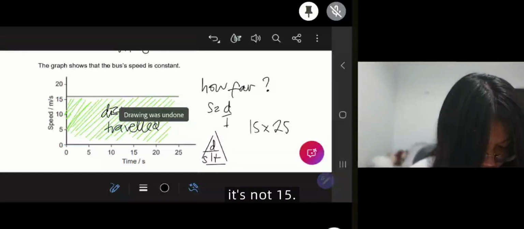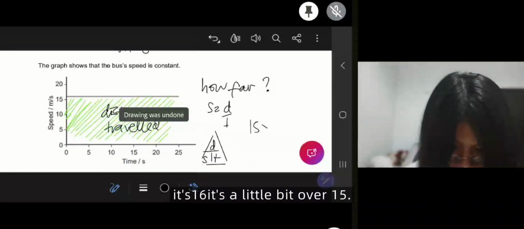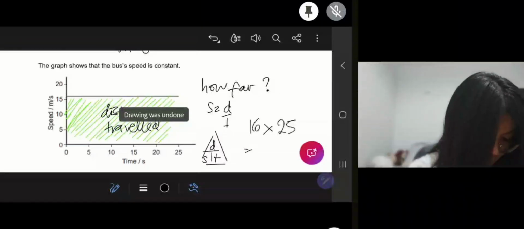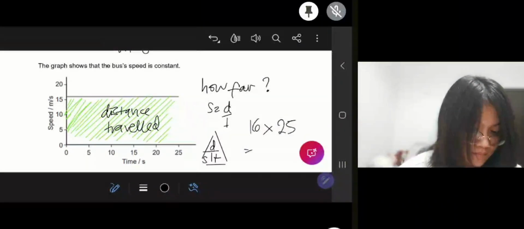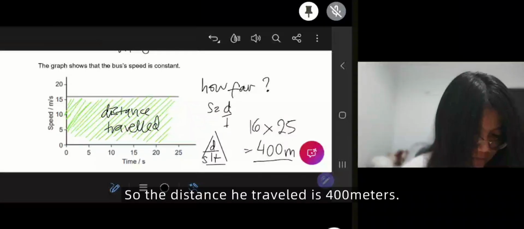Oh no, it's not 15. The speed is not 15, it's 16. It's a little bit over 15. So the distance he traveled is 400 meters.